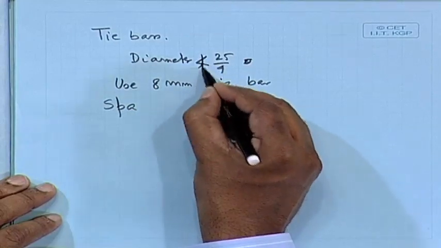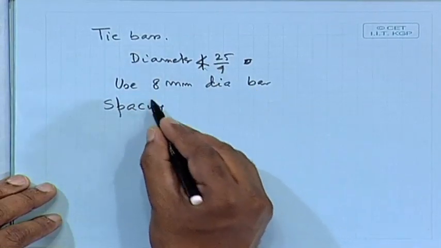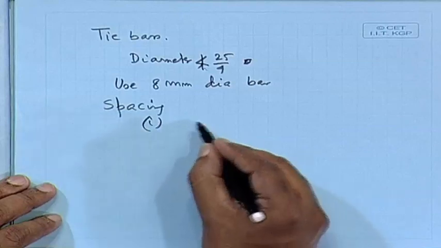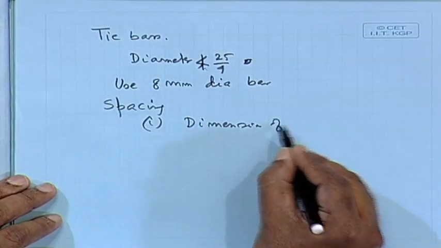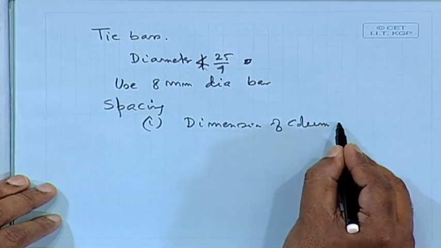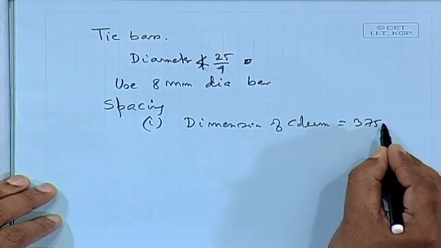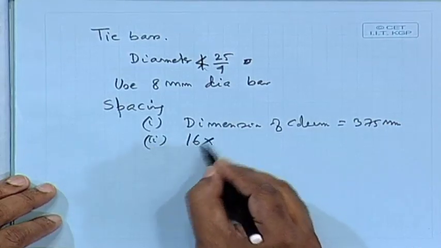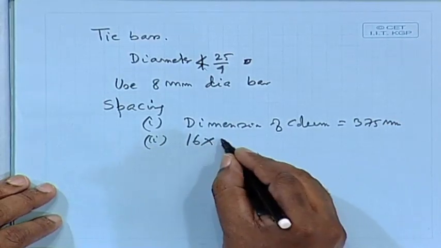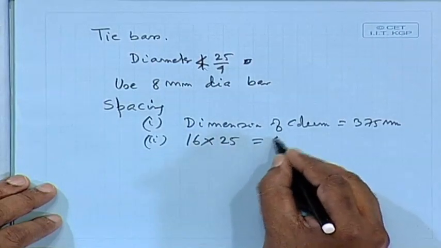This will not be more than, number 1, the least dimension of the column, say 375 millimeter in this case. Number 2, 16 times the longitudinal bar, 400 millimeter.